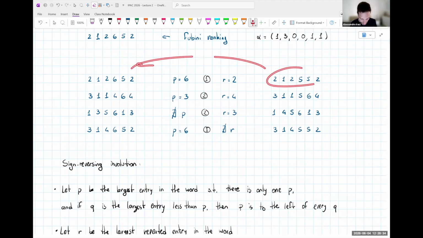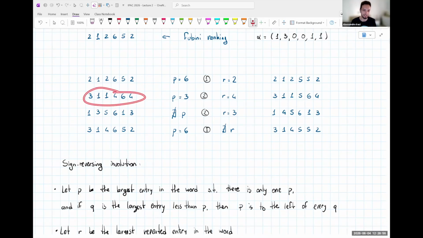And the other way around, let's see an example of case 2. We have replaced this 4 with 5. Now 5, we obtain it by replacing the leftmost 4. So by construction, all the 4s are to its right. And so this is the largest entry with this property, because if there was anything larger before, then that would have been the value of P before, which is not the case.